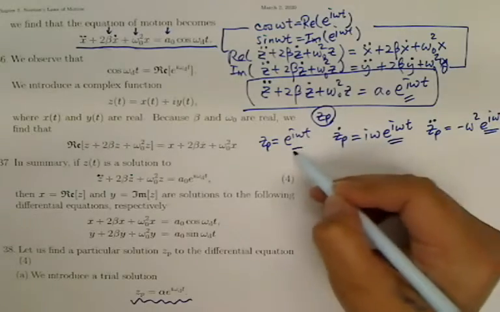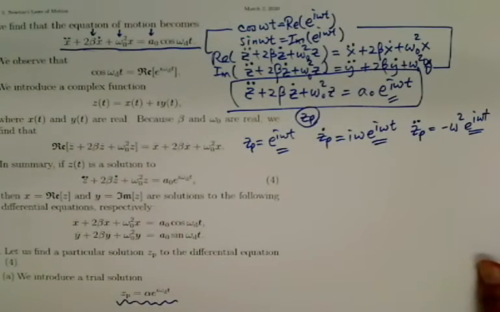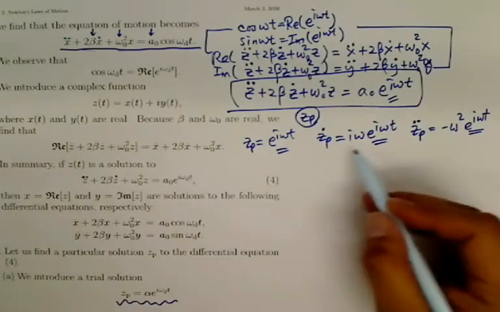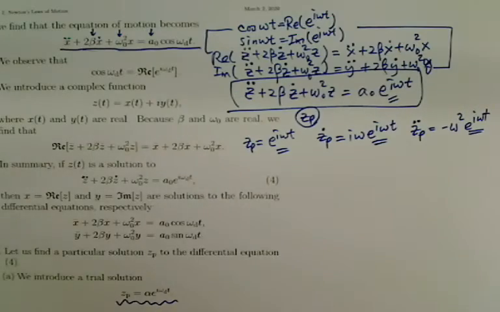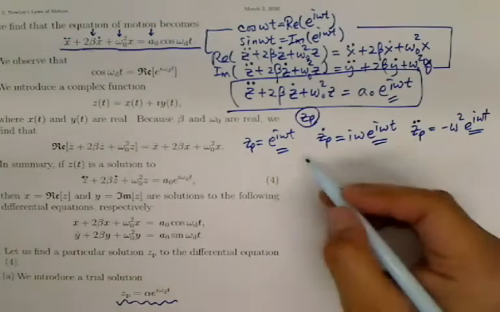Everything has the same vector, so if I add these three pieces up, we do not have any phase vector. That's fine.